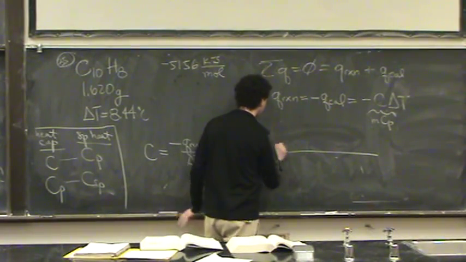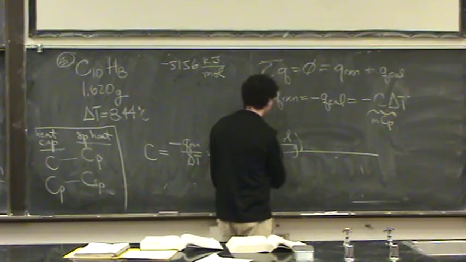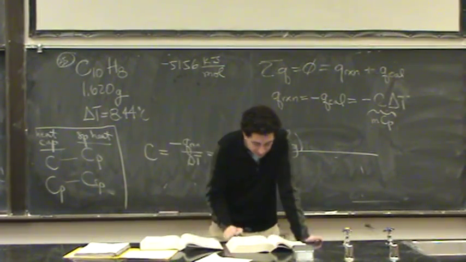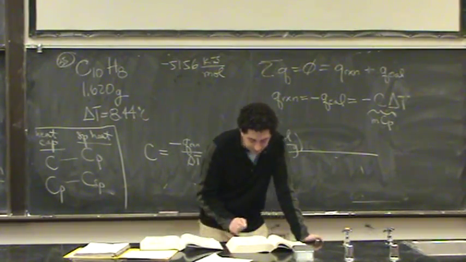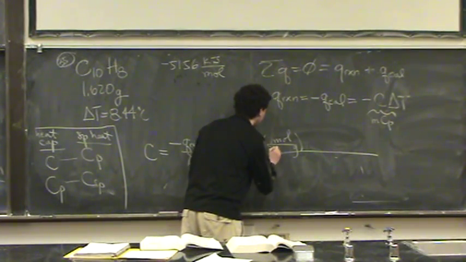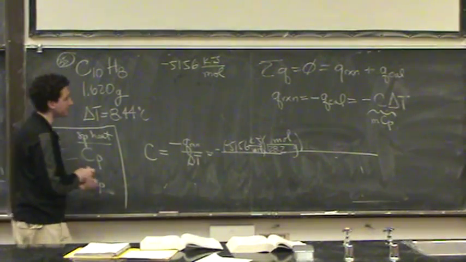I need the molar mass of this to convert to grams. So let me look that up here. I think it's listed. 128.2. So you'd find that from the periodic table. 128.2 grams per mole for naphthalene.